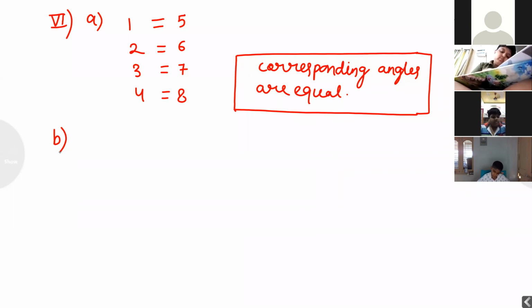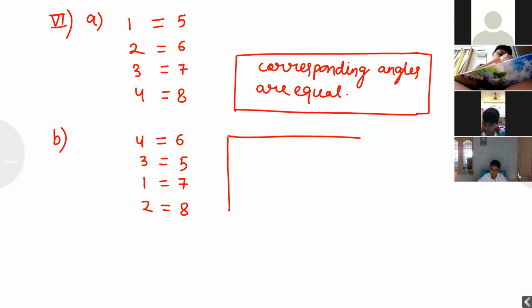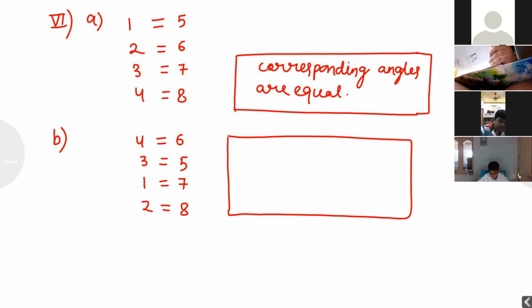In B question, you are observing in the figure, 4 is equal to 6, alternate interior angle. 3 is equal to 5, alternate interior angle. 1 is equal to 7, alternate exterior angle, and 2 is equal to 8, alternate exterior angle. Conclusion, note down here: alternate angles are equal, either interior or exterior.